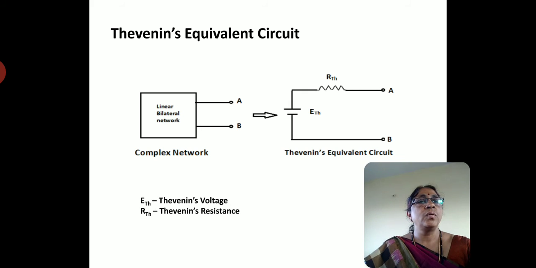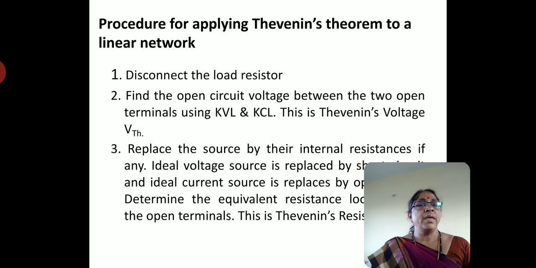To obtain the equivalent circuit, we have to follow a certain procedure for applying Thevenin's theorem to a linear network. First, disconnect the load resistor. So the load resistance must be removed.